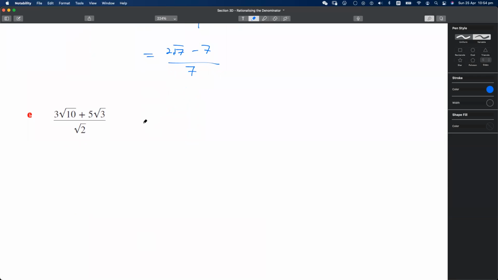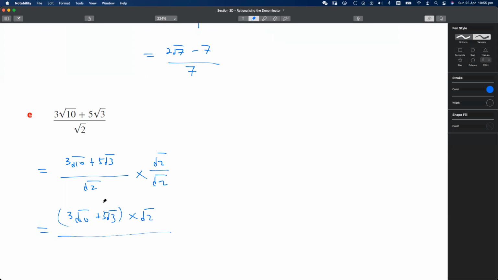E. Again, you have root 2 on the bottom. No matter how many surds are on the top, it doesn't matter, as long as you can get rid of the surds on your denominator, it'll be fine. So times root 2 over root 2. We have 3 root 10 plus 5 root 3. Make sure you put a bracket here because your entire thing is times root 2, over root 2 times root 2, which is just 2.